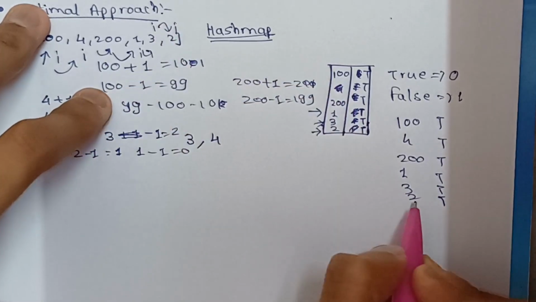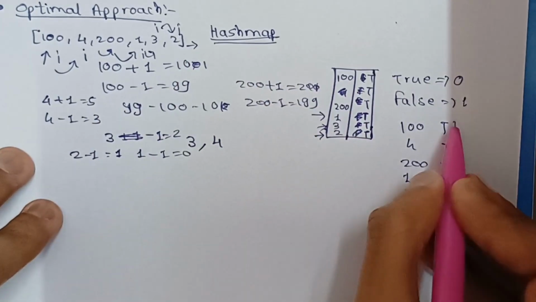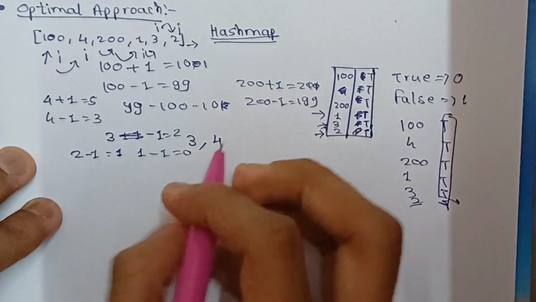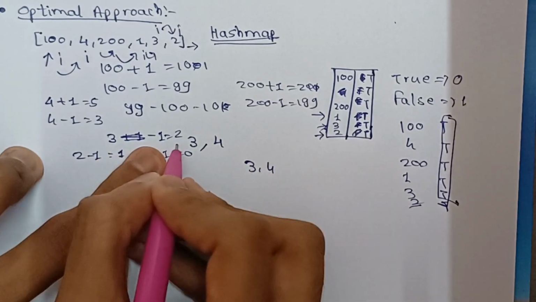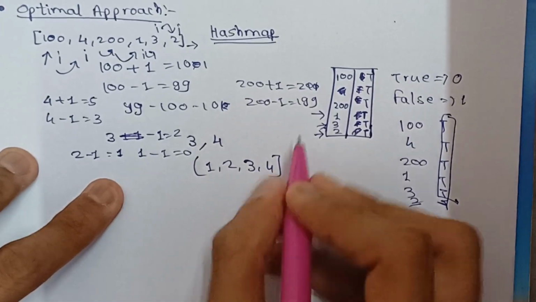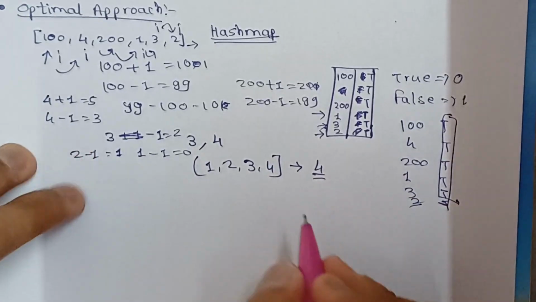At the last, 2 is also true, the array ends and the for loop will end. Finally we got the hash map. We are consecutively storing 3, 4, then 3 minus 1 which is 2, and 2 minus 1 which is 1. This consecutive sequence we got, so we take this length and return it. This is 4.